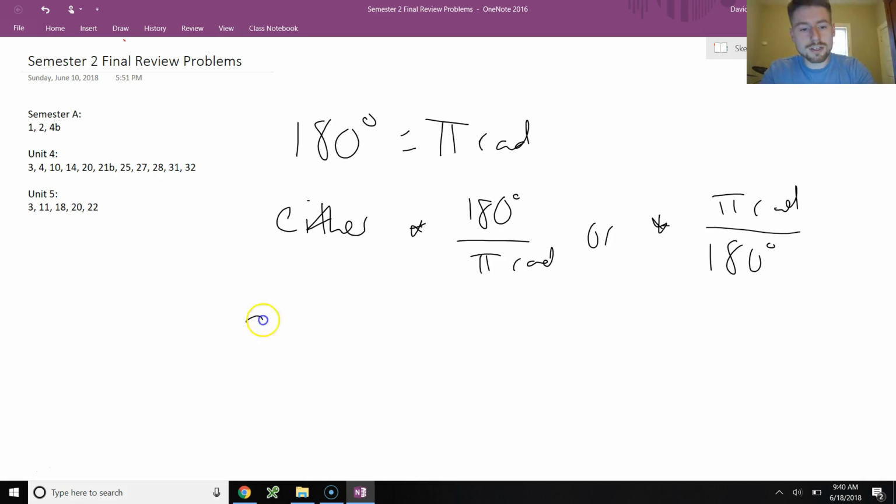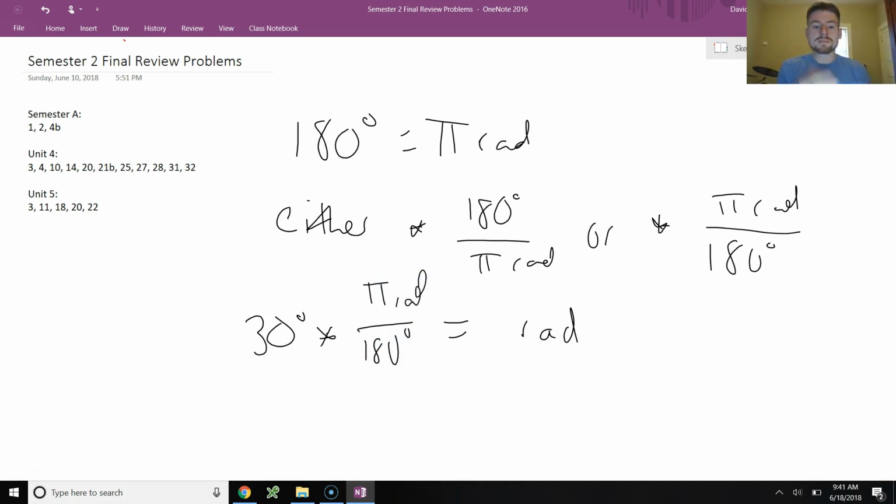So if I've got 30 degrees and I need to multiply this by something to get radians, then I need my degrees to be in the denominator. So I'm going to multiply this by pi radians over 180 degrees. And if I do this, I'm going to get pi divided by 6, because you can divide the top and bottom by 30, and 180 divided by 30 is 6. You can do this for the other problems.